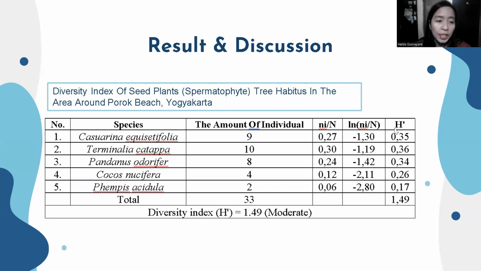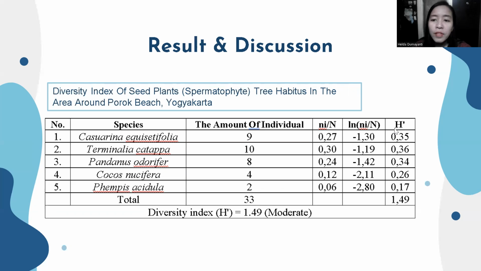Result and discussion. Diversity index of seed plants, tree habitus in the area around Porok Beach, Yogyakarta. Vegetation of seed plants, tree habitus in the area Porok Beach, Yogyakarta has a moderate diversity index value of 1.49, still ranging from 1 to 3.